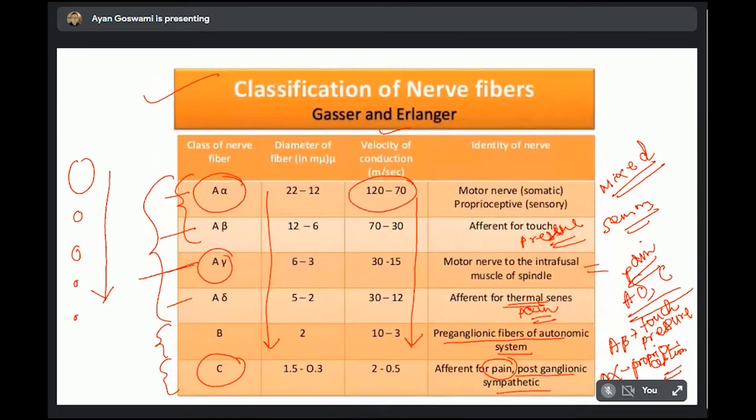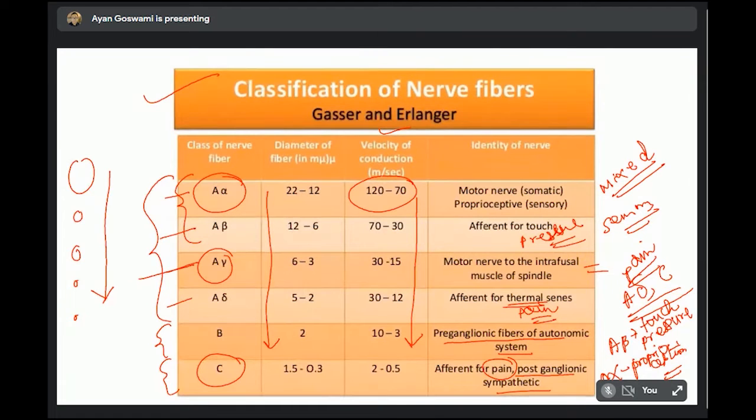In case of stretch reflex, you have studied that there is an afferent fiber, then efferent fiber, and also the gamma motor neuron which supplies the intrafusal fibers, right? So A gamma is purely motor. Then B and C. B and C are mostly autonomic fibers, but C has also got another component of sensory fibers, that is pain sensing fibers. Okay.